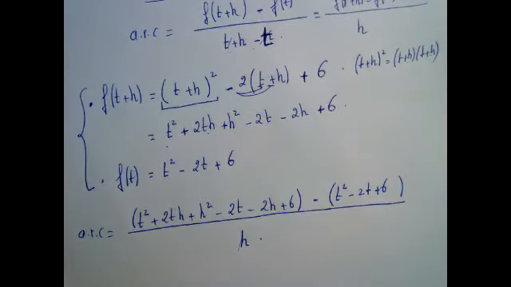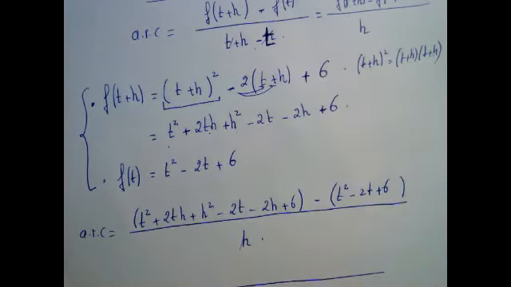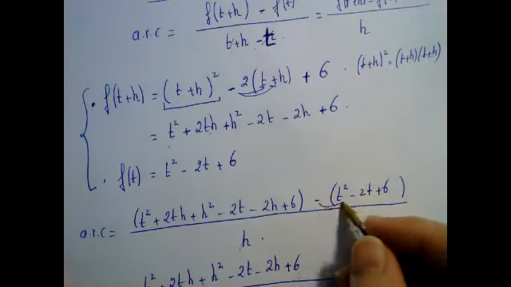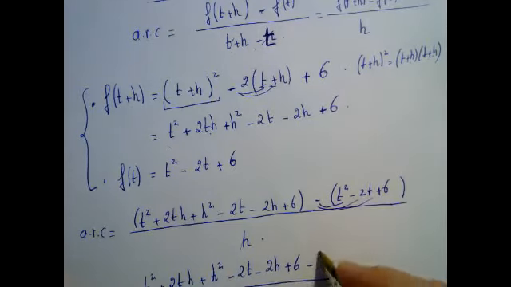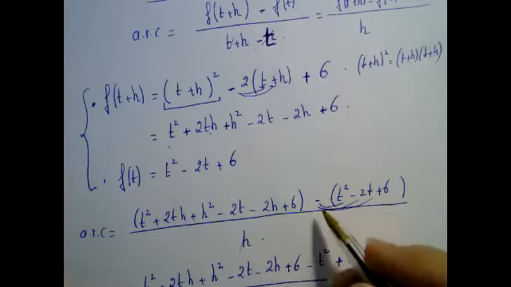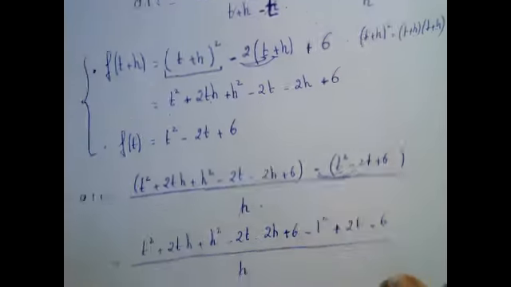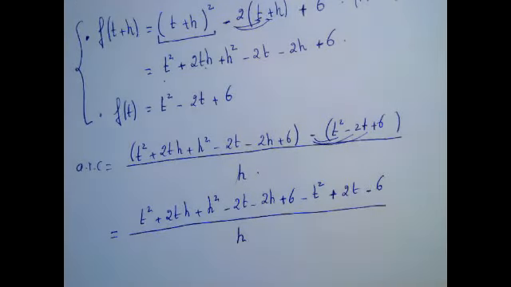So, equal to, I copy this piece over h because there is nothing to simplify, and then I distribute: minus t squared, minus minus, plus t. Be careful to distribute the sign. Minus 6, over h.